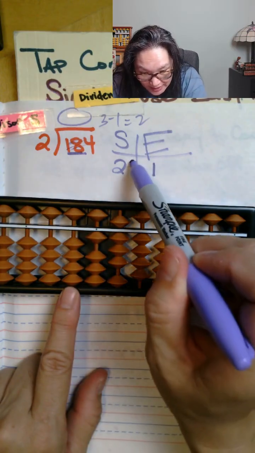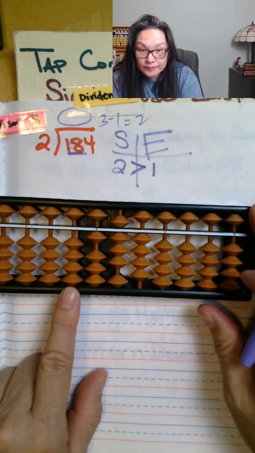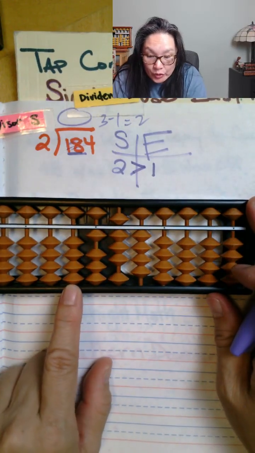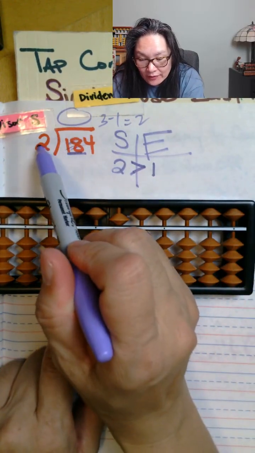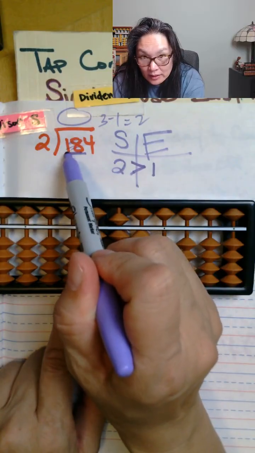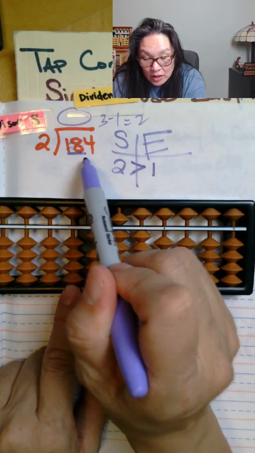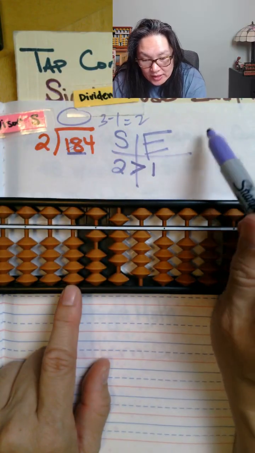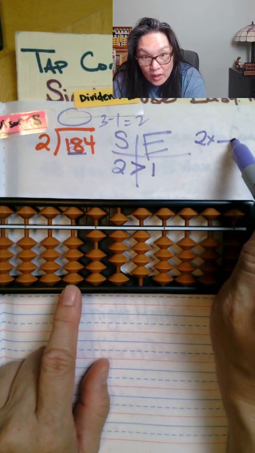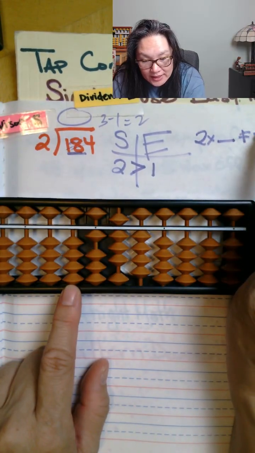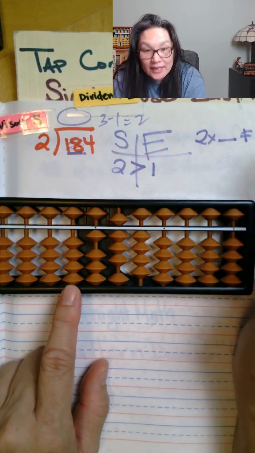Yes, because my divisor is bigger, I use 2 digits because you cannot divide 2 into 1. I have to bring the 8 down. So the question is, 2 times what is equal to 18 or less?